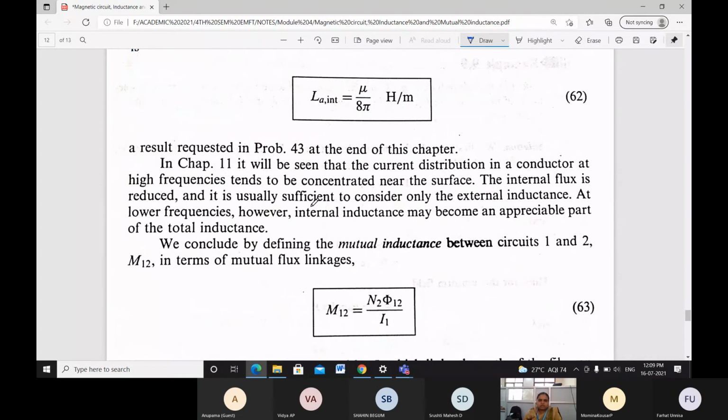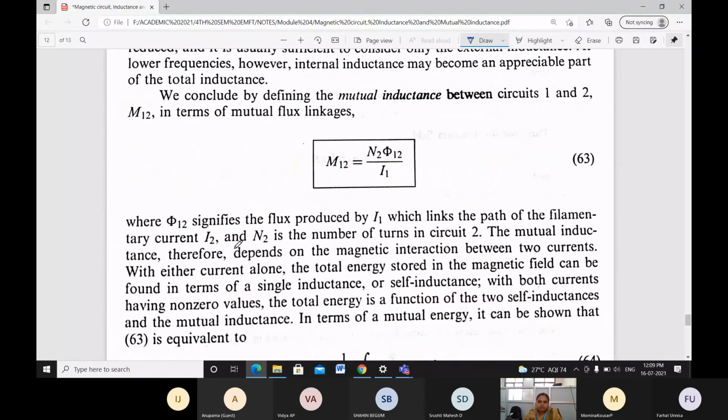Then we talk about mutual inductance between circuits 1 and 2. M12 in terms of mutual flux linkage can be written as M12 equal to N2 psi 12 divided by I1, where psi 12 is the flux produced by I1 which links the path of the filamentary current I2, and N2 is the number of turns in circuit 2.